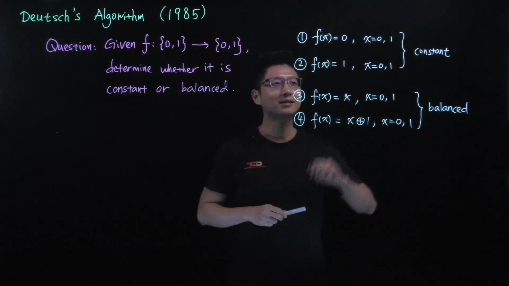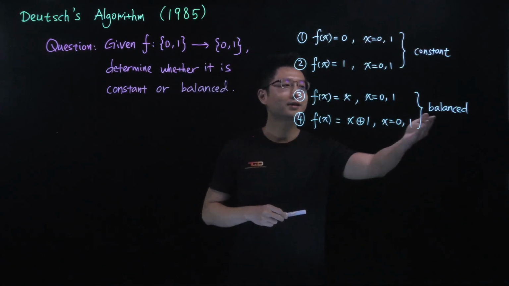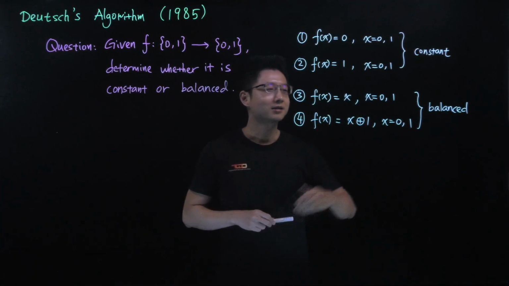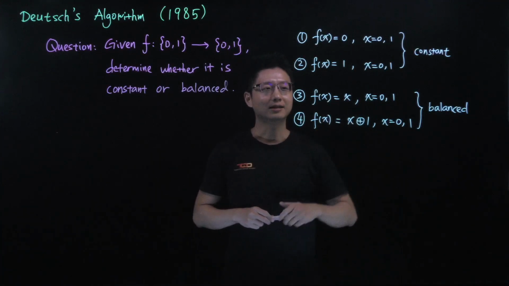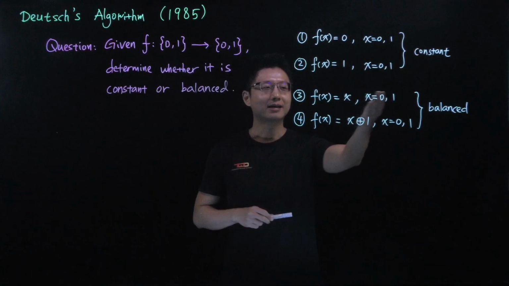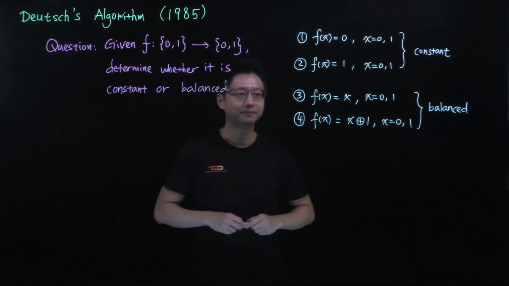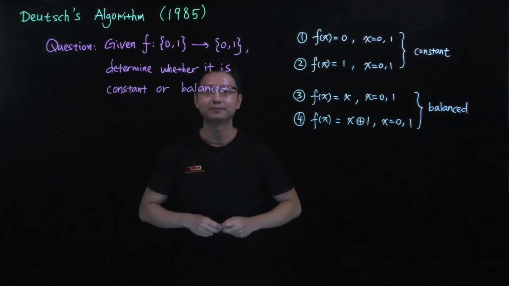There is the constant type, which always gives you the same output, or there is the balanced type, which gives you different outputs. Here, the term balanced means each of the 2 outputs occurs with the same proportion. So here, the 0 will appear and the 1 will appear, and the same for the 4th function. They appear with the same proportion, so it's called a balanced function.